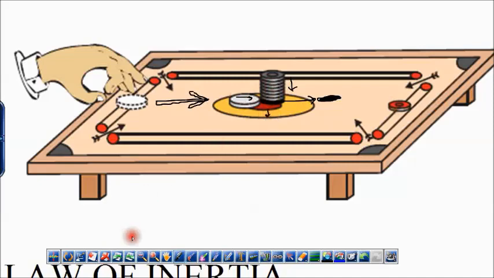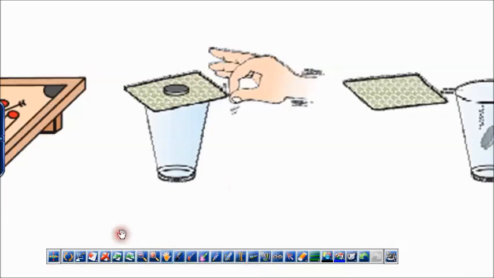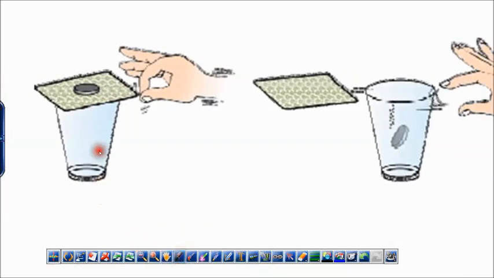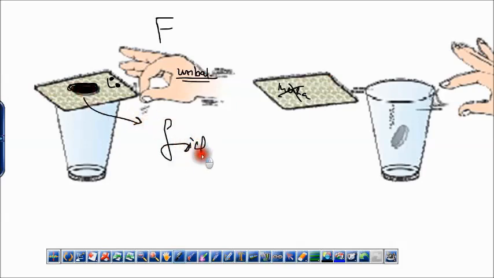That's the law of inertia. Here also the coin was following the law of inertia. कॉइन ने डिसाइड किया था कि मैं ग्लास के ऊपर हूँ और मैं यहीं रहूँगा. कार्ड ने भी डिसाइड किया था that I am happy the way I am, I want to remain here. But an unbalanced force was acted by the hand, and when the hand acted with unbalanced force, तो कार्ड का जो इनर्शिया है वो ख़त्म हो गया, इसलिए कार्ड गया फुर. और जब कार्ड फुर हो गया तो कॉइन साथ में फुर नहीं हुआ because कॉइन और कार्ड के बीच में जो फ्रिक्शन है वो बहुत बहुत कम था.